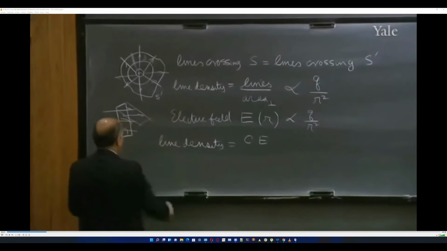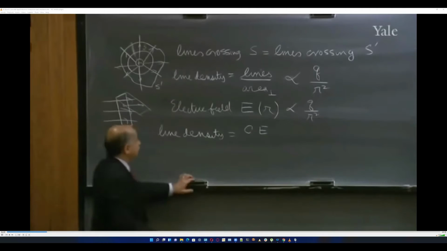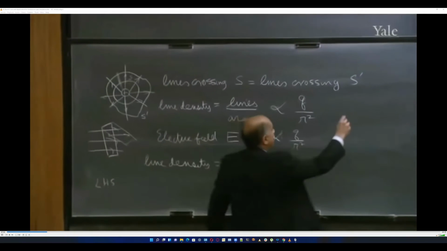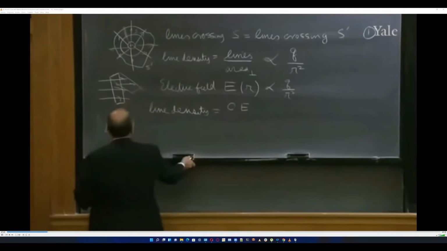Now I'm going to go back, and I'm going to calculate the left-hand side. Now let's give this equation a number. Equation number 1. I'm going to calculate the left-hand side of 1.